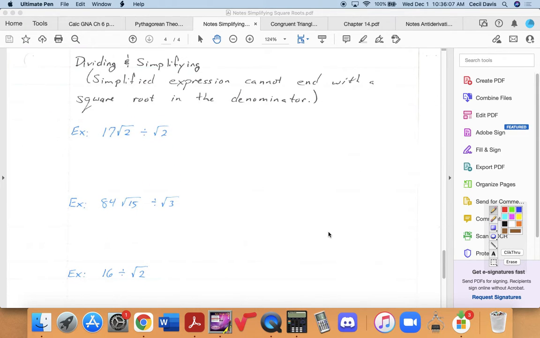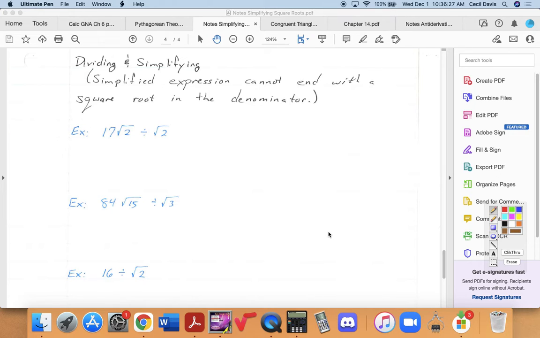Dividing and simplifying. Okay, with dividing, there's one additional rule that we have with division, and it actually comes from something from a long, long time ago that's not really important all that much anymore, but we still do it.